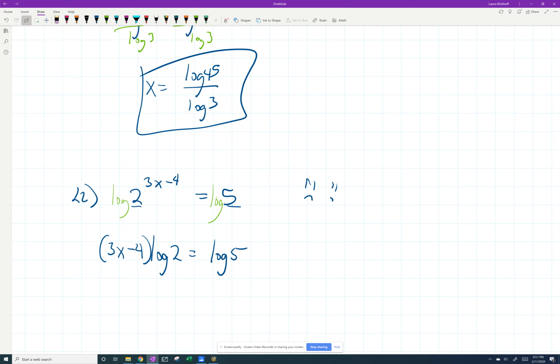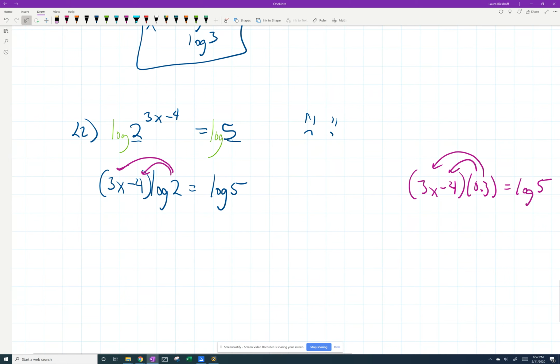So now remember, the log of 2 is just a number. I don't know what it is, 0.3. So if you were solving 3x minus 4 times 0.3 equaling the log of 5, wouldn't you distribute that 0.3? We're going to distribute the log. It's going to look a little chunky, but you're just going to do it.